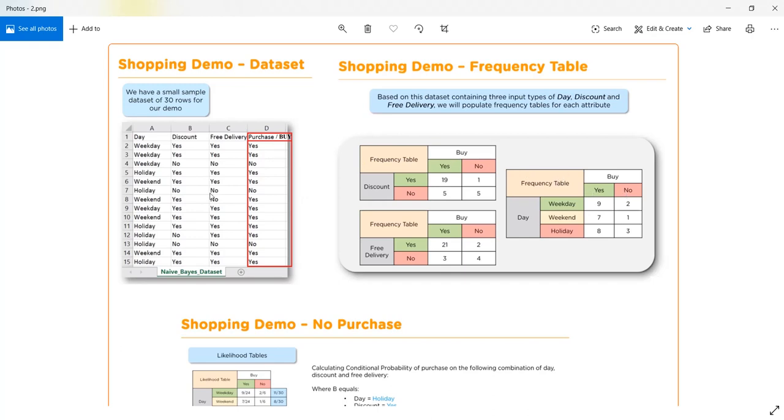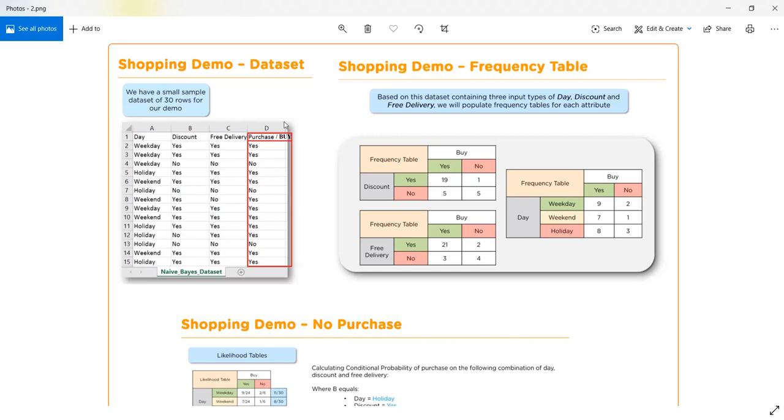Simple. Now, out of 30 observations or 30 samples, how many days are weekdays? We will find that there are 11 weekdays, so 9 plus 2 is 11 weekdays. How many days are weekends? 7 plus 1, so there are 8 weekends. Out of 30 observations, how many days are holidays? 11 are holidays.